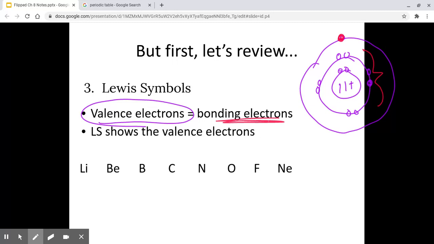And so when we take a look at a couple different models for bonding, we really want to focus in on those valence electrons. And the Lewis symbols are going to take those valence electrons and show them in a way around the element symbol that supports bonding. So remember when electrons fill energy levels like 1s, 2s, 2p, the electrons are going to fill one at a time, and they're going to pair when they have to.